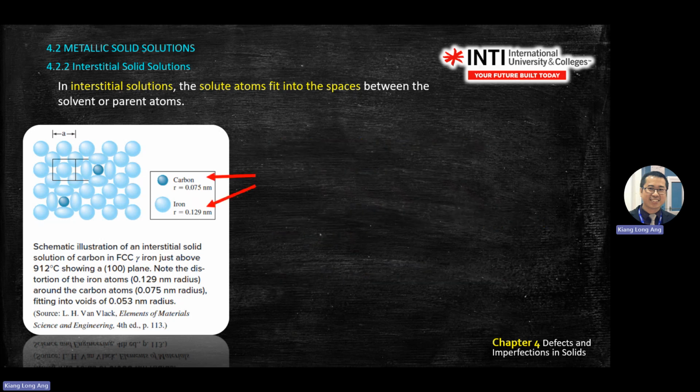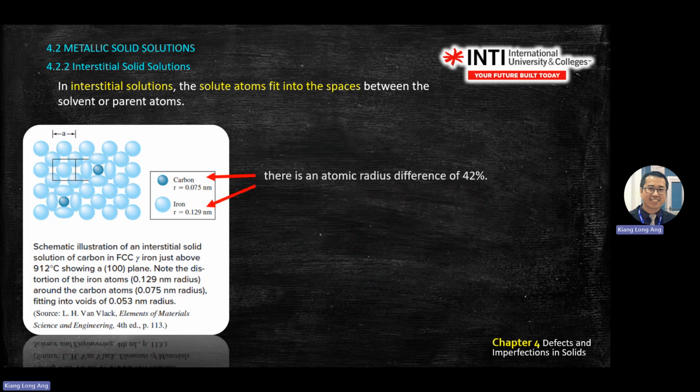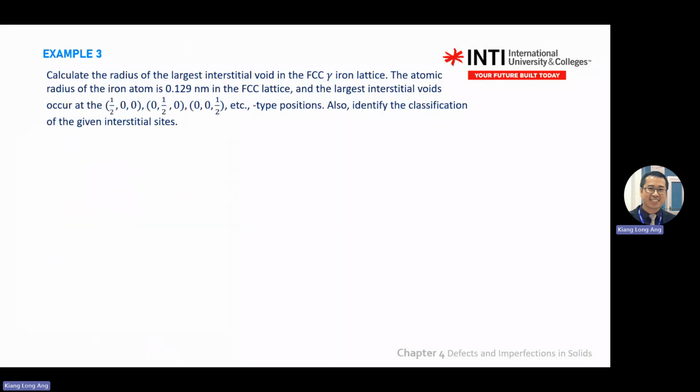The last statement here we will learn when we go into phase diagram. If you compare carbon and iron, the radius difference is 42%. Under experiment, they found out that the maximum is 2% of carbon can dissolve in the space between the iron.